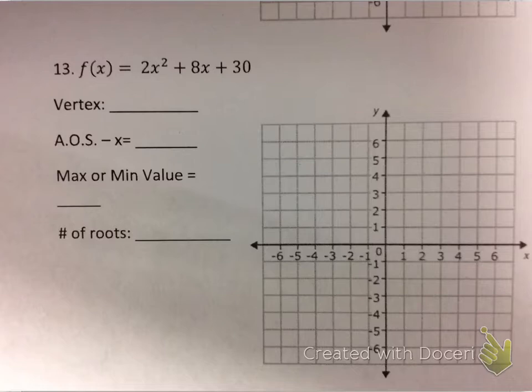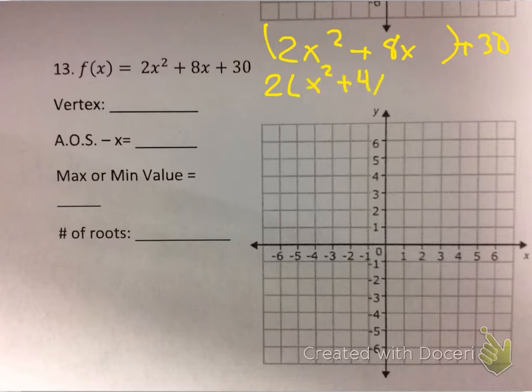All right, so now let's look at this one. Okay, so I need to separate this 2x squared plus 8x from the 30. But then I need to get rid of the 2 because I need the 2 to be outside. X squared plus 4x, 8 divided by 2 is 4, plus 30.